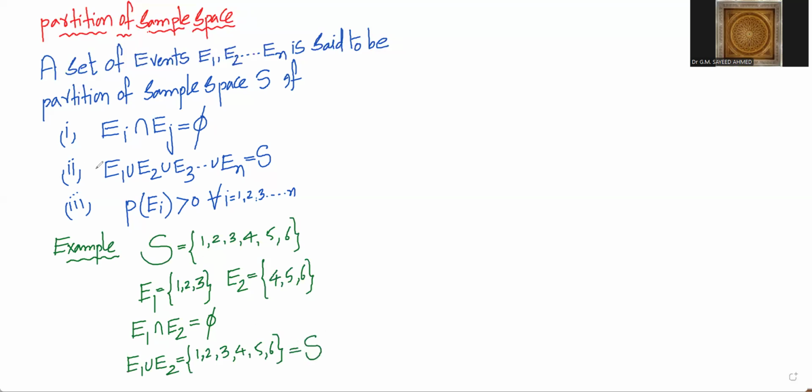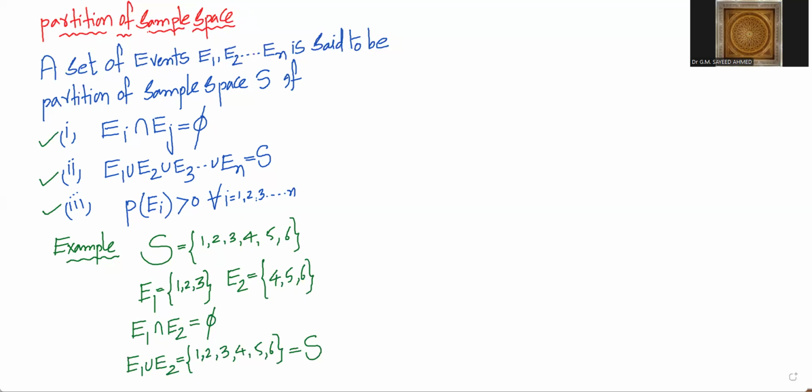So this condition should be satisfied, and each probability of Ei should be greater than 0: 1 is greater than 0, 2 is greater than 0, and so on up to 6. So any set of events satisfying these three conditions is a partition of the sample space. So E1 and E2 are called a partition of sample space S.